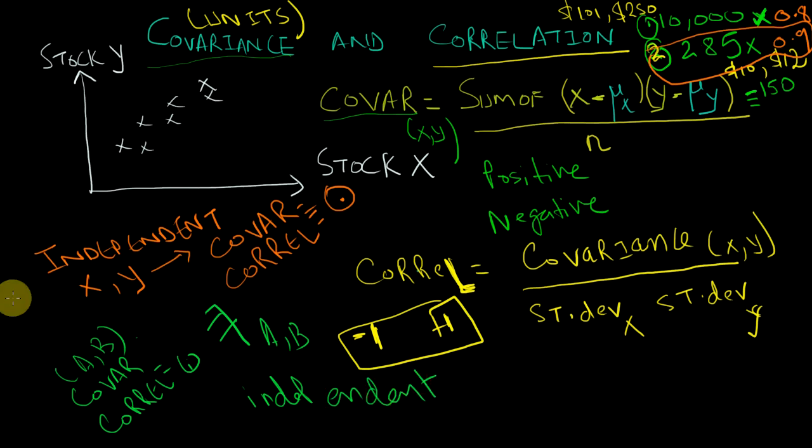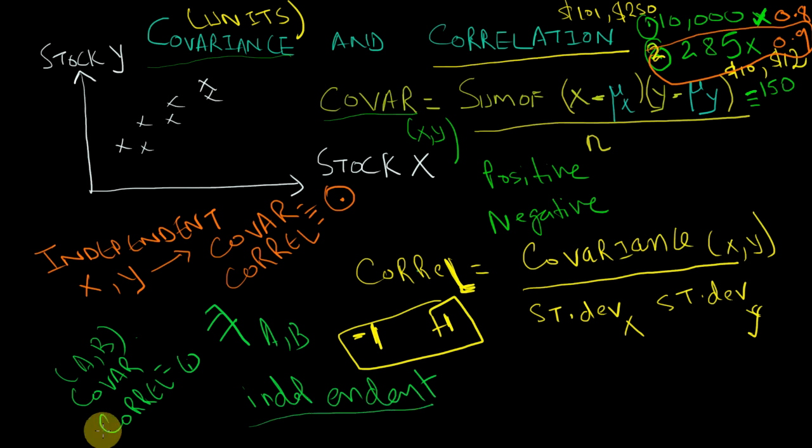So remember that if two variables are independent, then definitely their covariance and correlation is 0. But on the other hand, if we have two variables and we calculate their covariance and correlation as 0, that does not imply those two variables are independent.